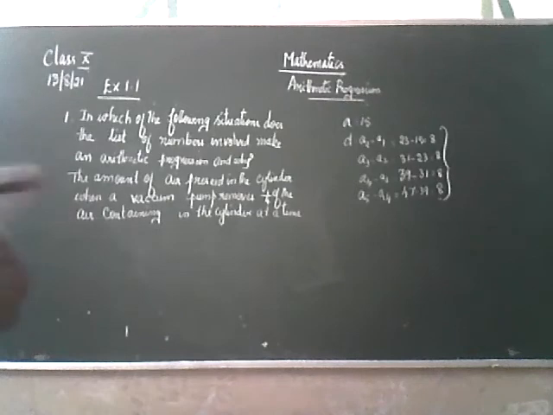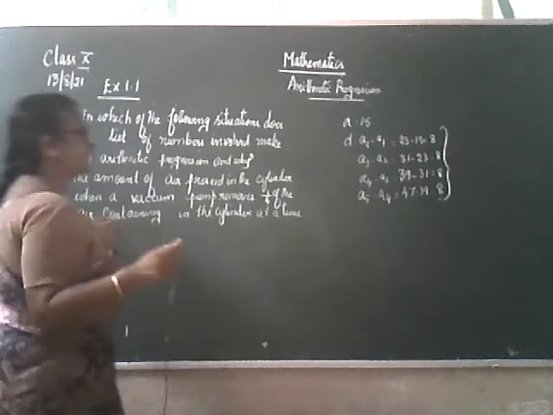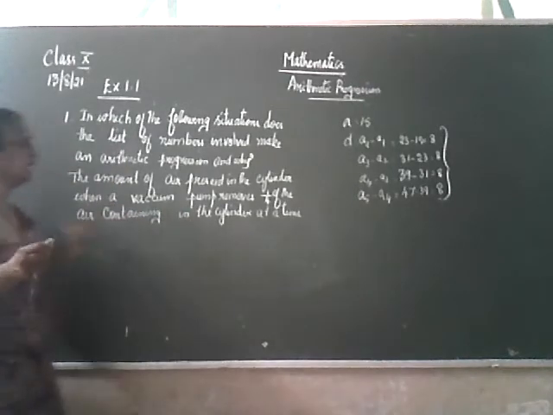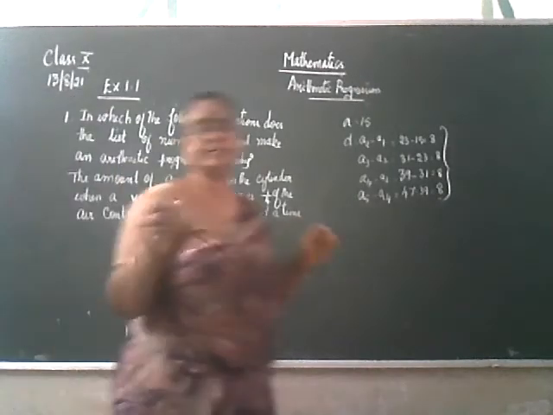See, it is given. What is given? The amount of air present in the cylinder when a vacuum pump removes 1/4 of the air contained in the cylinder at a time.